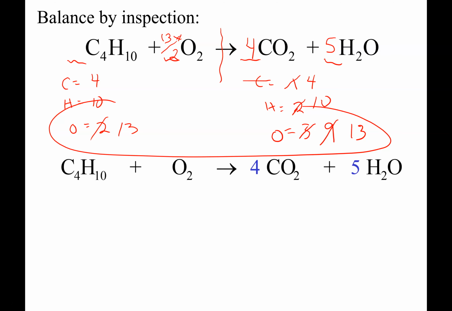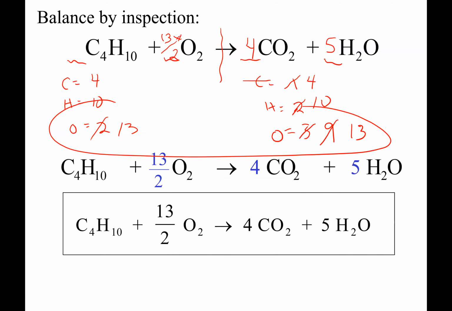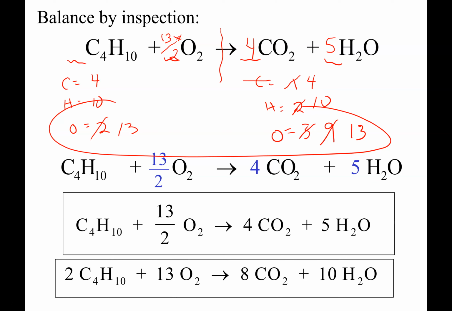Okay. So now, if you're like me and you don't like halvesies, you can scale things. It's like these are recipes. I think of your reactants as your ingredients, and your product is like the yummy thing you make in the kitchen.